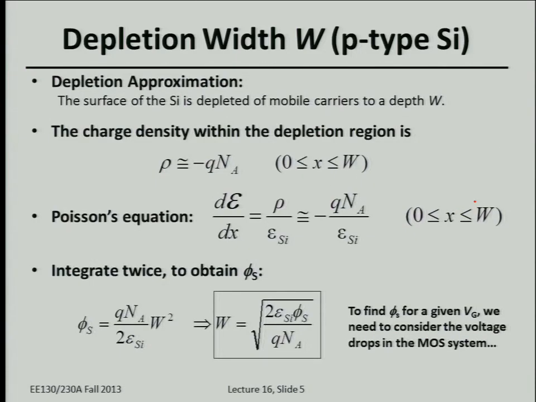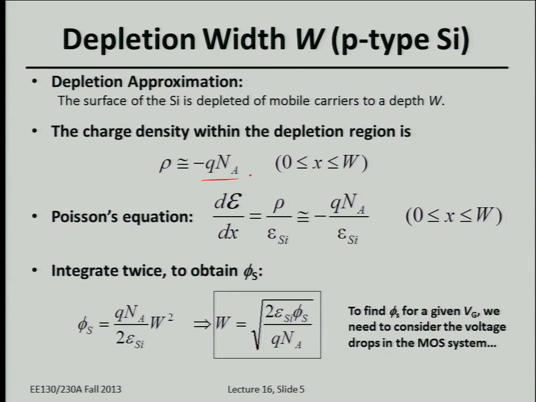Okay, so we can use the depletion approximation just like we did for the metal semiconductor contact and for the p-n junction. So we just assume the charge density is constant, equal to or proportional to the dopant concentration in the depletion region, down to a certain depth. Then we can use Poisson's equation, which determines the slope of the electric field distribution.